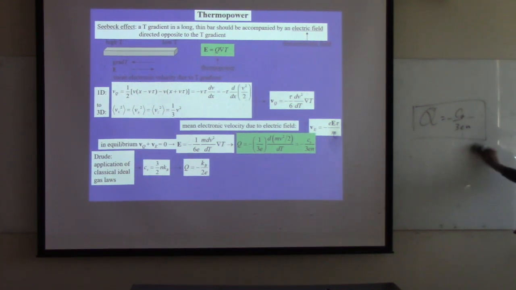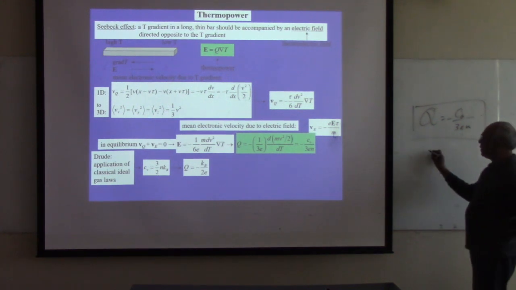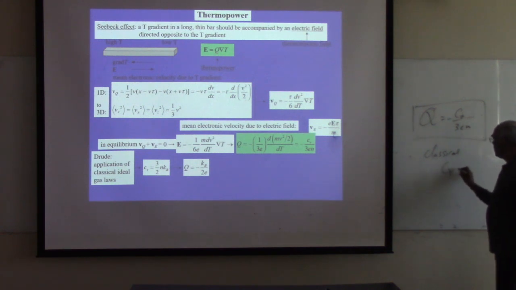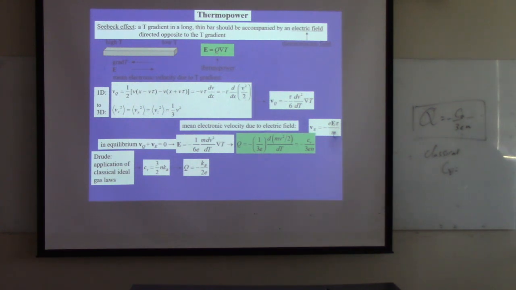Okay, so now let's take the classical case. If you take the classical case, what is your CV? Simply 3 over 2 kBT, right? Sorry, yes, kB, because we take energy as 3/2 kBT.